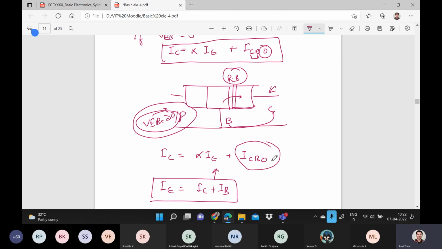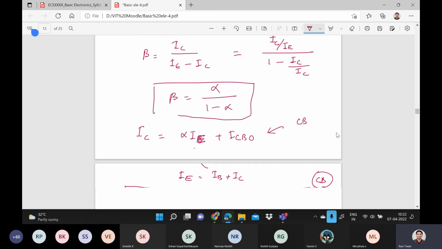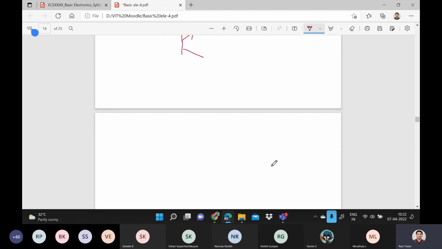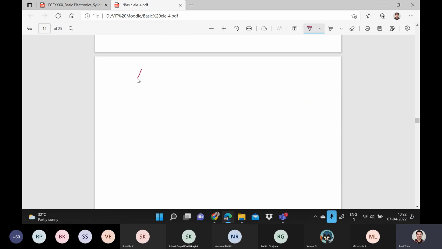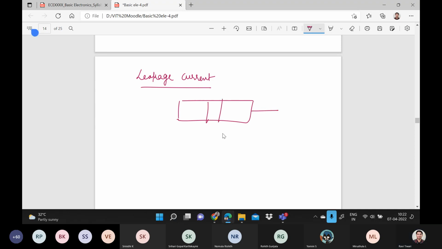When I am assuming that leakage current... First, I will explain leakage current. Leakage current means when any terminal is open circuit. There was a reverse bias, right?